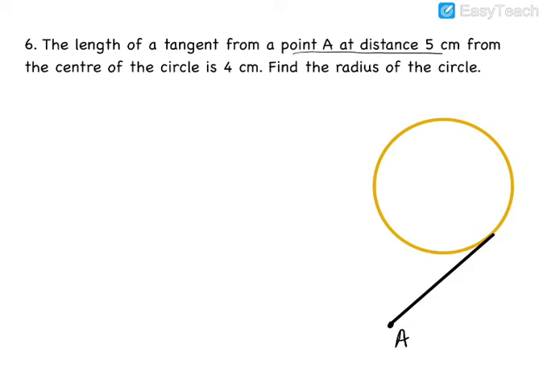And this point A is at a distance of 5 centimeters from the center. Let's mark the center as O and join the center to point A. So this distance of point A from the center is given as 5 centimeters.